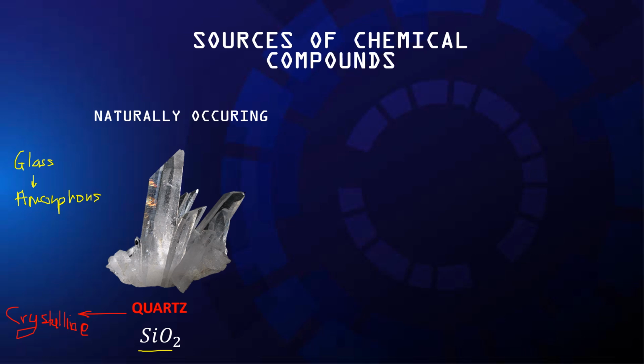So for quartz we have a hexagonal lattice. Quartz has a hexagonal lattice. That is the reason why quartz has six faces, six sides of a crystal.